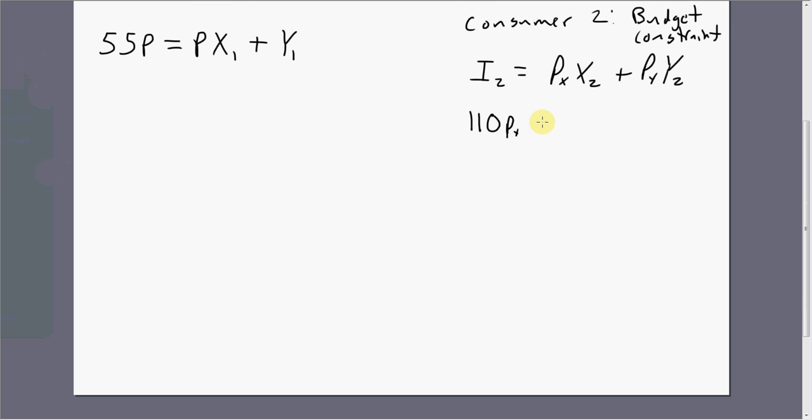So that's upper level limit on consumer 2's income. Consumer has 110 units of good Y. It could sell those units at PY, raising this amount of income. And then we just rewrite.